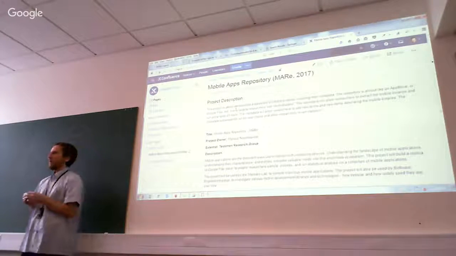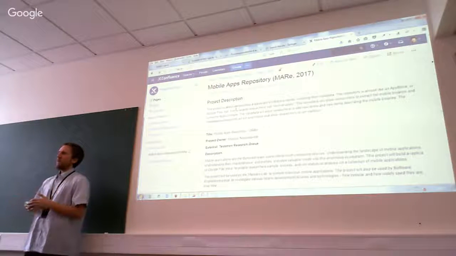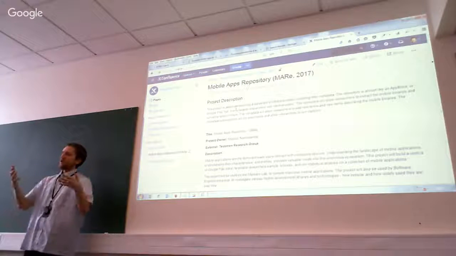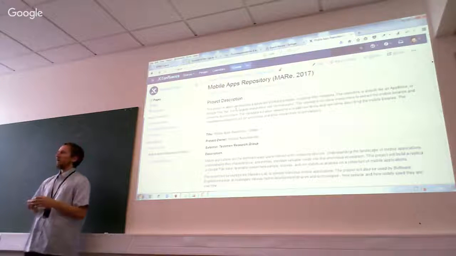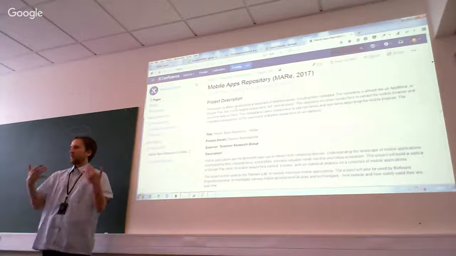So we want a backend which will store the actual APKs, and we want the front end which will allow researchers to contribute new APKs and then have some sort of processing done on it.